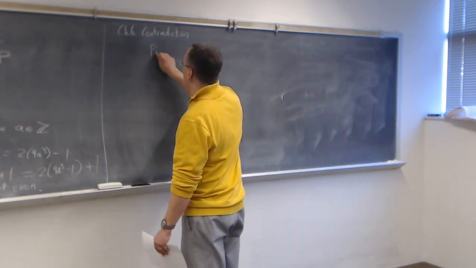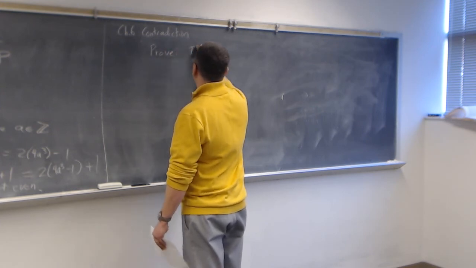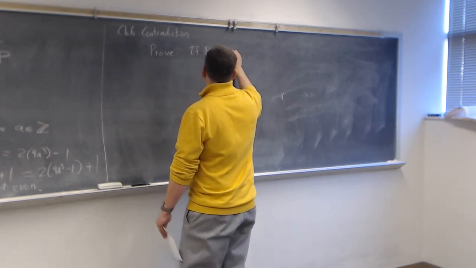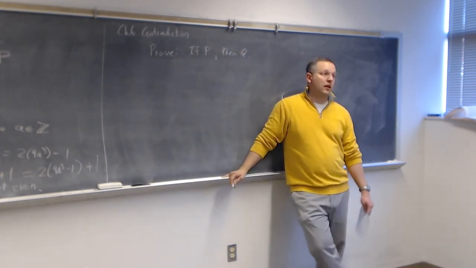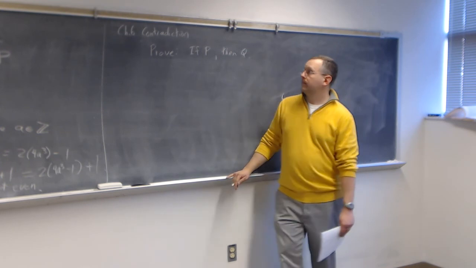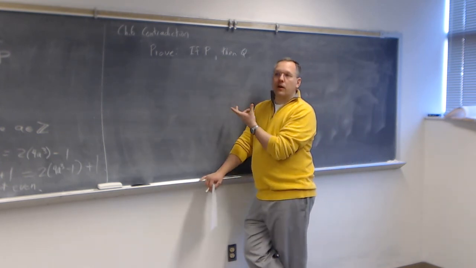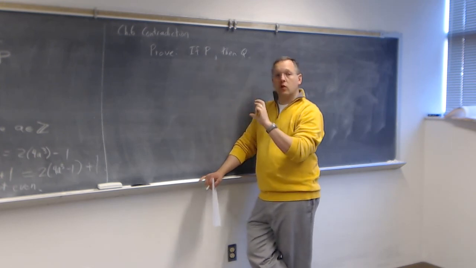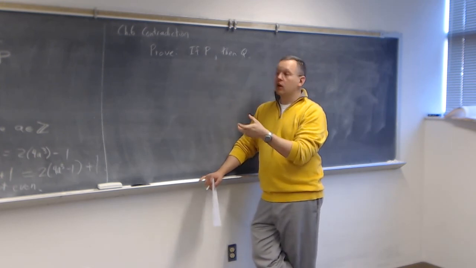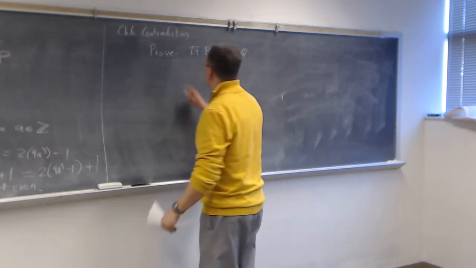Suppose you're trying to prove if P, then Q. You're trying to prove a conditional statement by contradiction. The way proof by contradiction works, you want to show a statement is true, so for the sake of contradiction, you assume the statement is false.